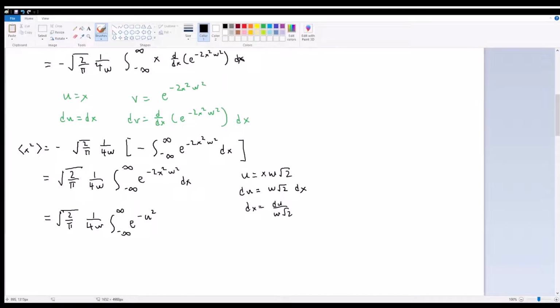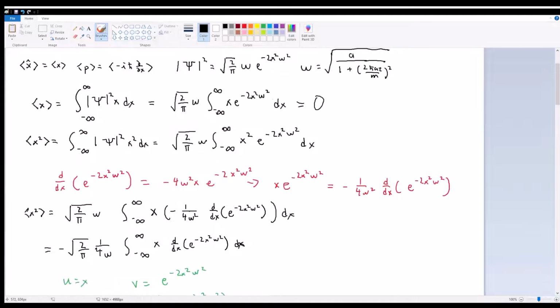Is that correct? u squared is x squared omega squared times 2. Yes, that's correct. And then multiplied by du over omega root 2. So the root 2's cancel, and what we have left is 1 over square root of pi times 1 over 4 omega squared, and then this integral becomes just square root of pi, as we've seen many times before. So we have just 1 over 4 omega squared.